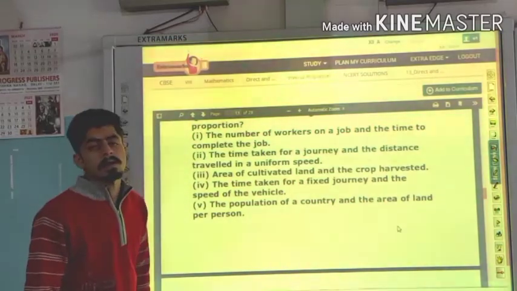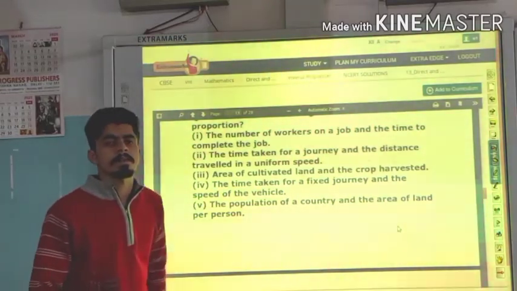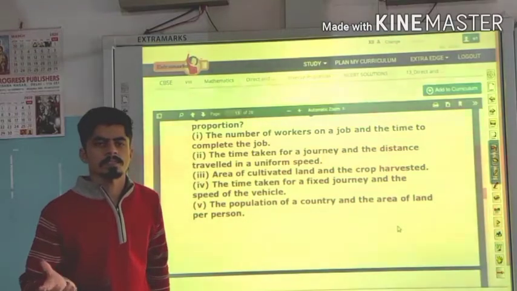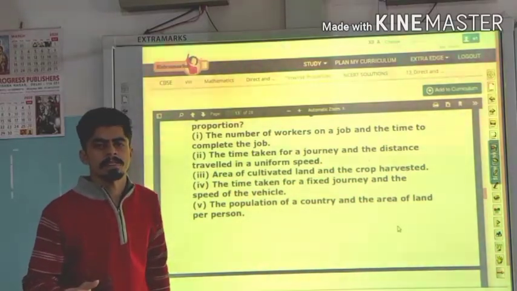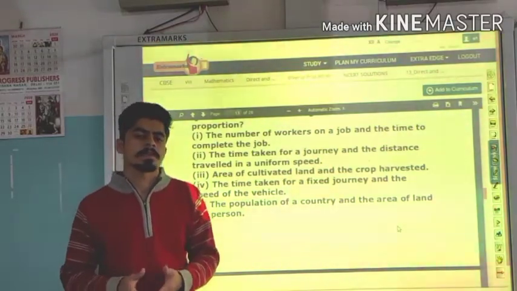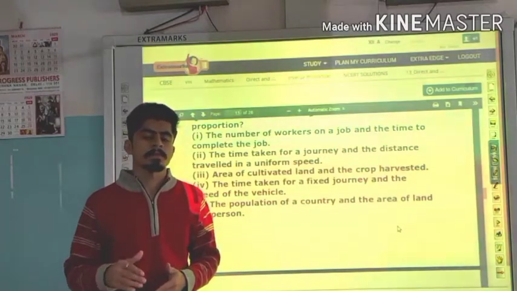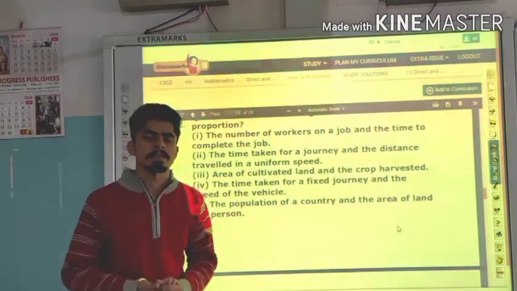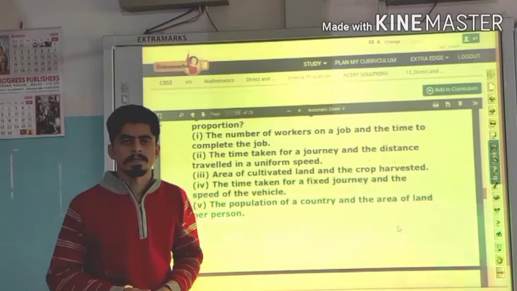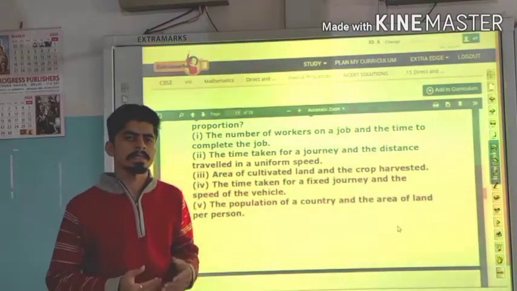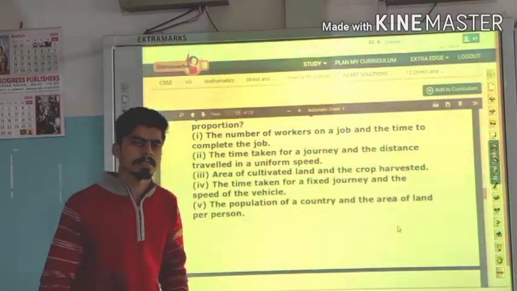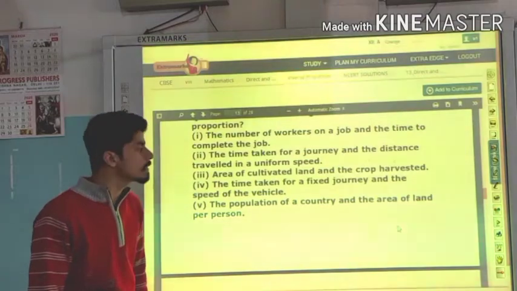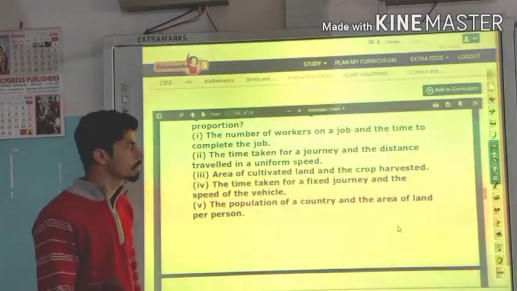If the vehicle is traveling at 50 km per hour for 1 hour, it will cover only 50 km. And if the vehicle travels for 3 hours, then it means 150 km. So if one quantity is increasing, the other quantity is also increasing. So it is in direct proportion, not in inverse proportion.